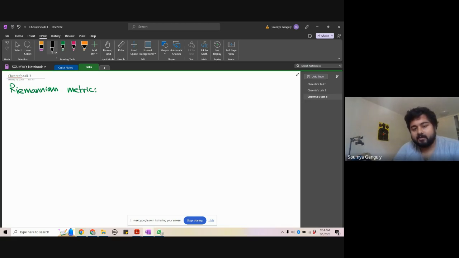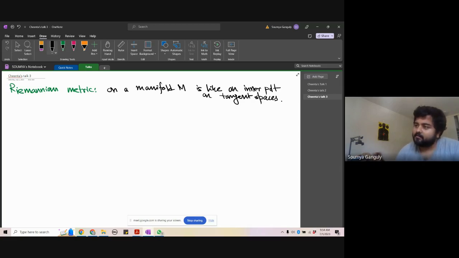A Riemannian metric on a manifold M is like an inner product on the tangent spaces. Now, you might all think that this is becoming really too difficult, but it is not. We will explain by examples how this inner product will help us to give us lengths. But before that, let's just try to give the definition. Again, the definition will also be given intuitively.